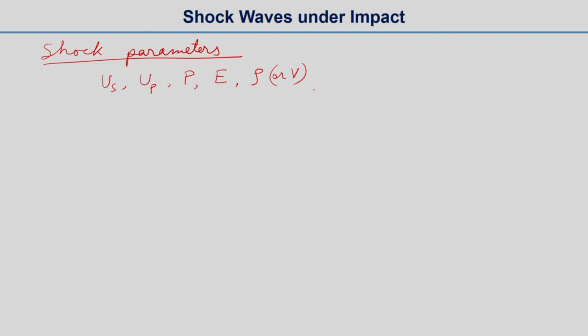So we have these 5 parameters, and if we know only 2 of these parameters, they are required to find the remaining parameters.